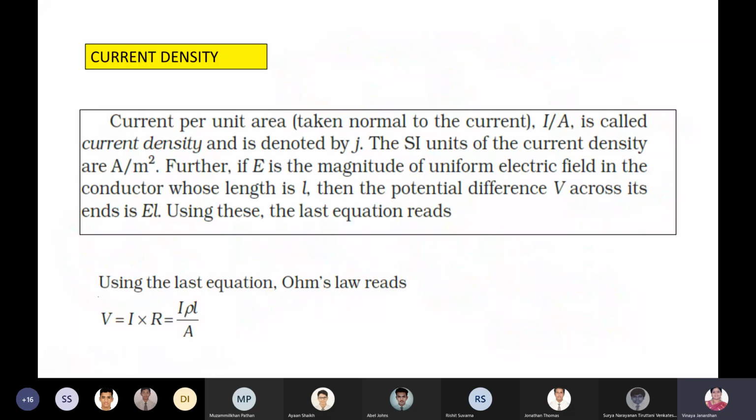Now comes the new quantity. Just write, boys, current density. All this will be taken as a 1 mark question. Define current density. State its SI unit.